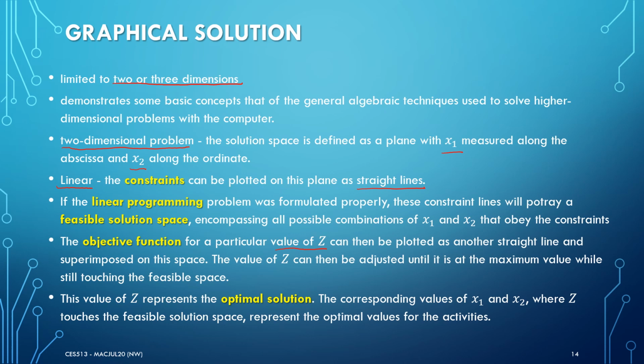The value of Z can be adjusted until it is at the maximum value while still touching the feasible space. This value of Z represents the optimal solution, and the corresponding values of x1 and x2 where Z touches the feasible solution space represent the optimal values for the activities.